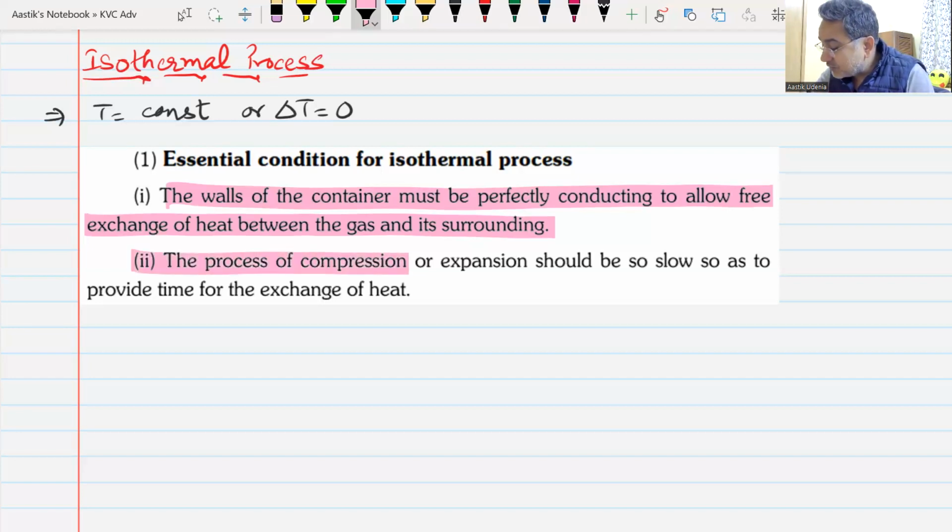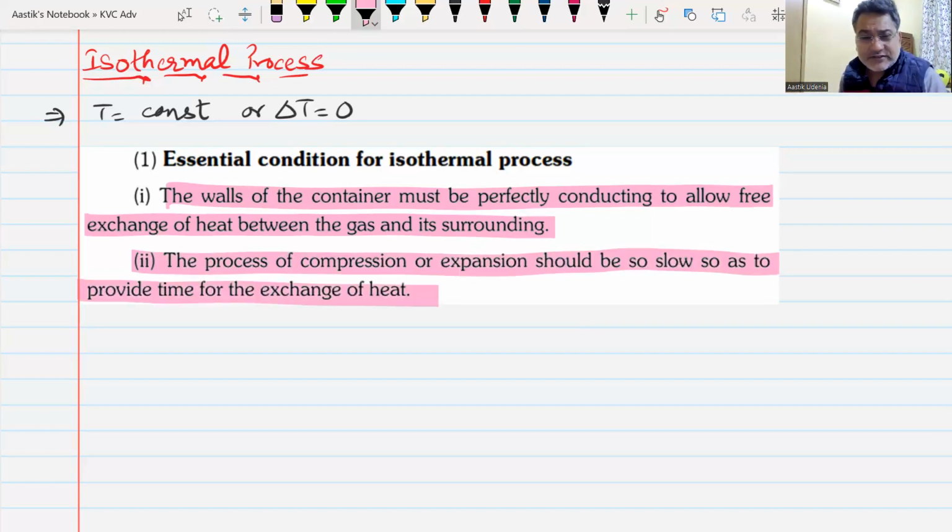Yes, sir. And the process of expansion or compression should be extremely slow. If it is extremely slow, you will have enough time for heat transfer to take place between the system and the surrounding.